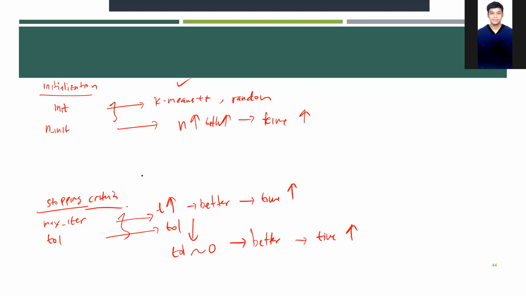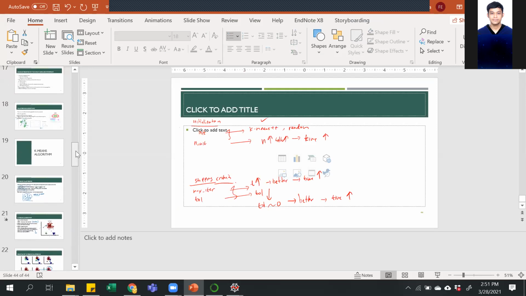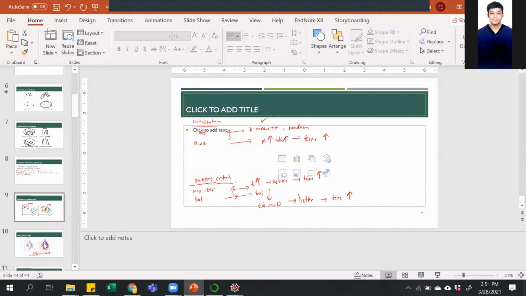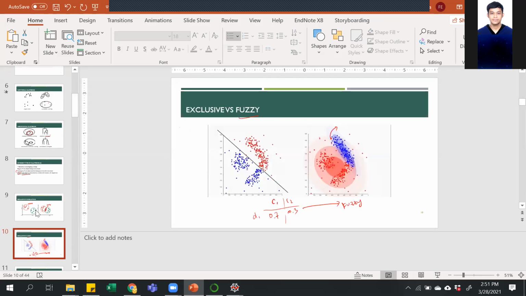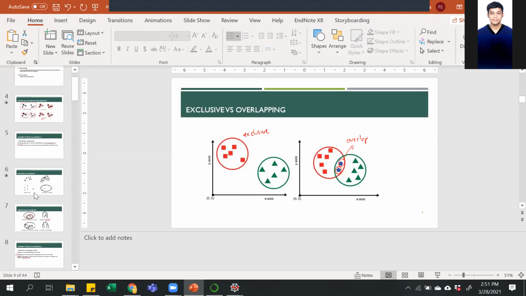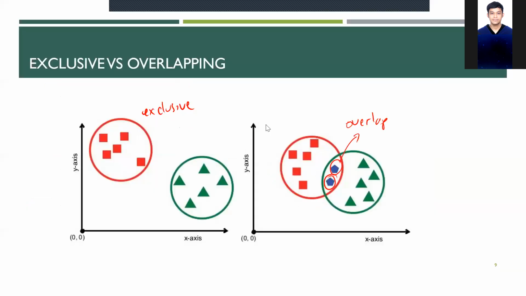For example, we should check for overlapping. Okay, for example, the data is like in the left picture.